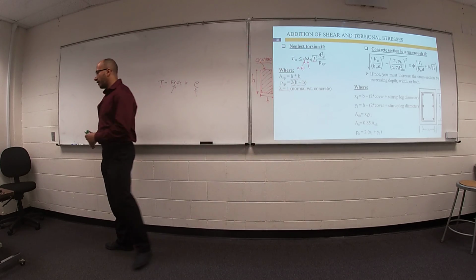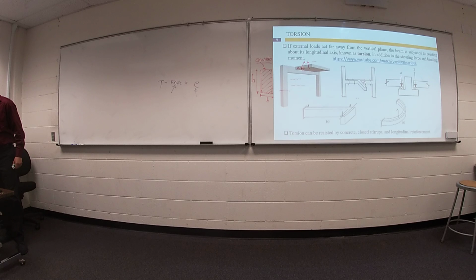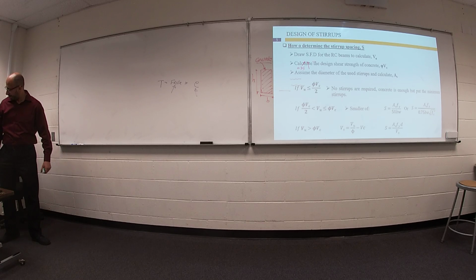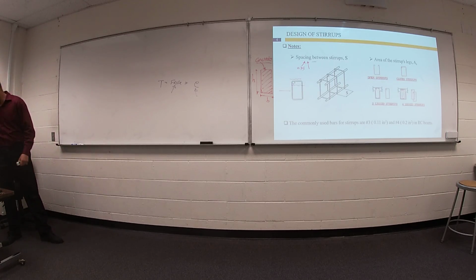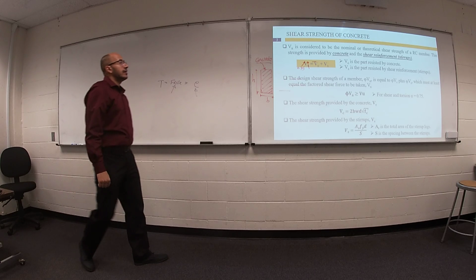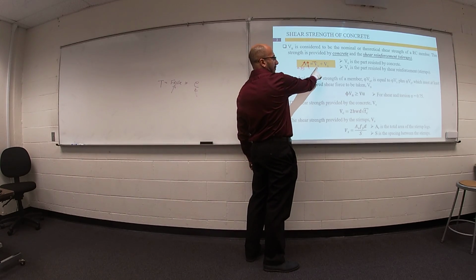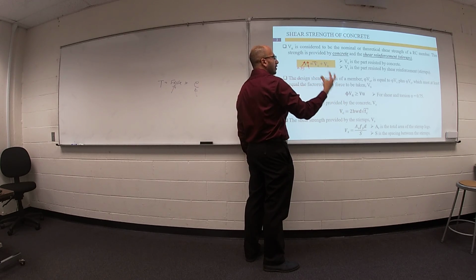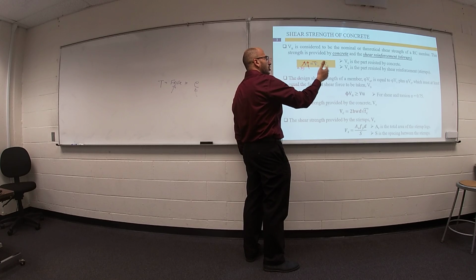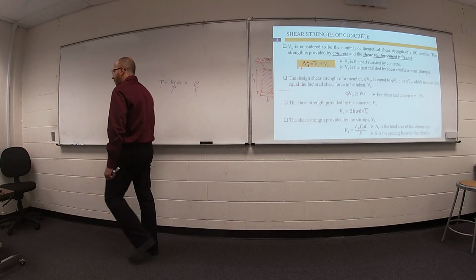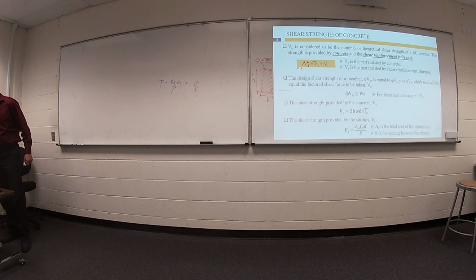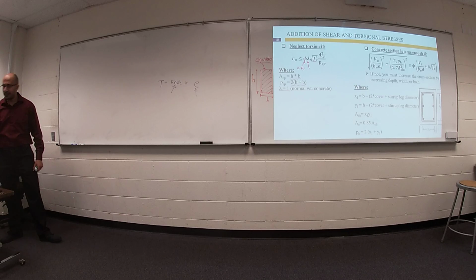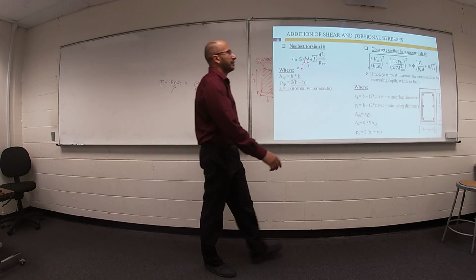If you go back to your shear effect, we have contribution from concrete. For torsion, we have contribution from concrete. So we need to add both of them, the contribution for shear and the contribution for torsion. Both of them must be smaller than or equal to this value, according to ACI.